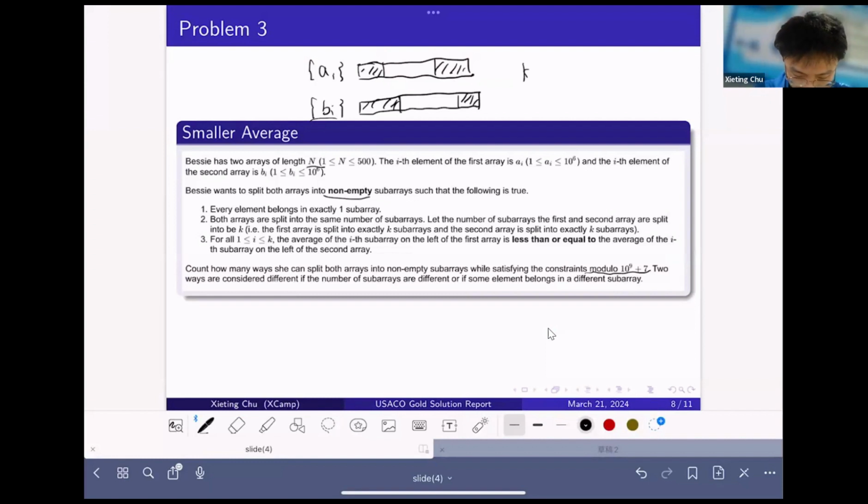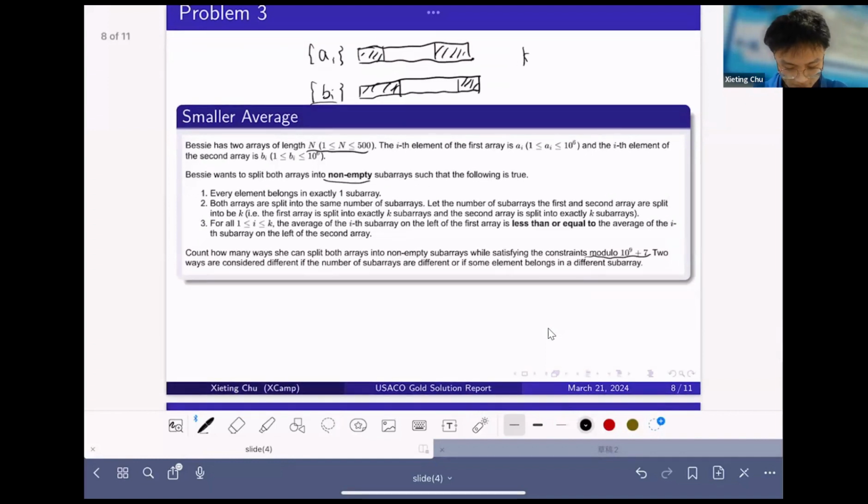And n is less than 500. So to pass this problem, I think this is a medium one, not so hard and not so easy.